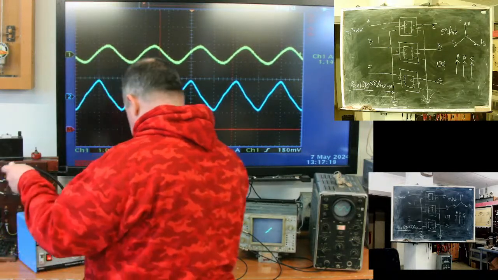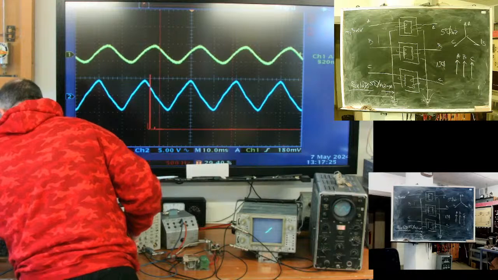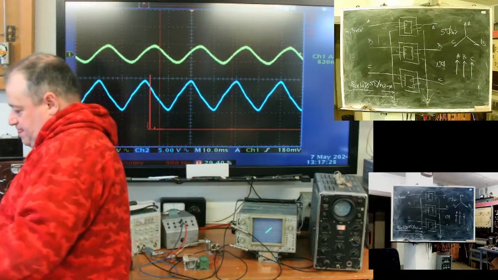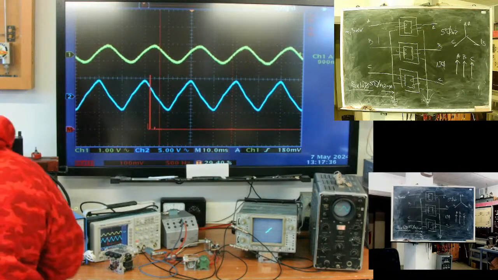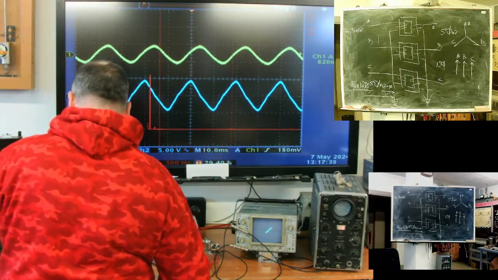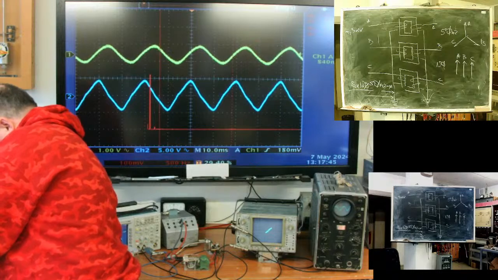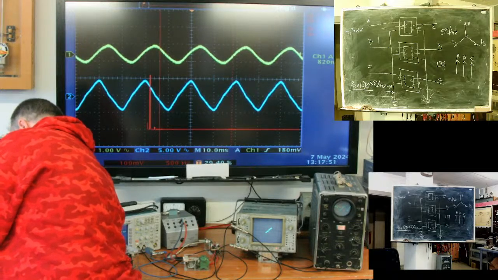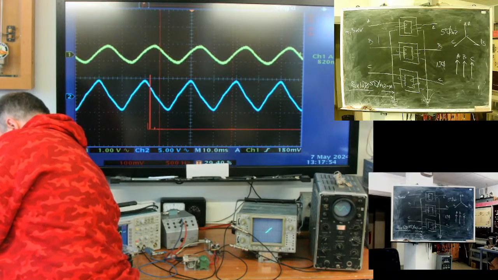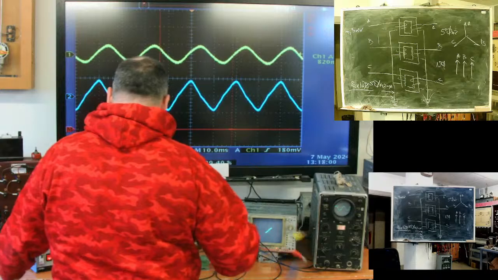Of course, I can connect a real network here. I have reduced voltage there. Let's see what will happen.